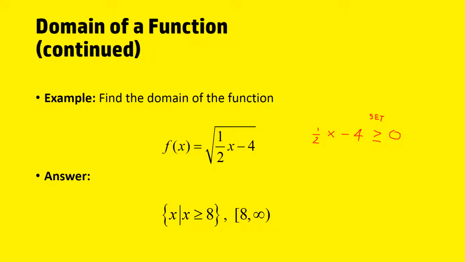Add 4 to both sides, 1/2 x is greater than or equal to 4. Multiply both sides by 2, x is greater than or equal to 8. So the closed interval 8 to infinity is the domain, the set of x values which are allowed for f of x.